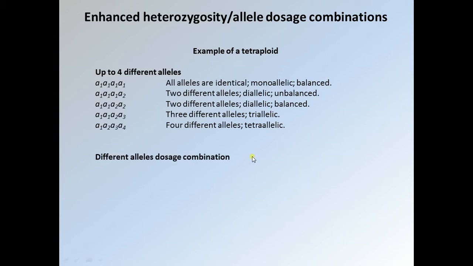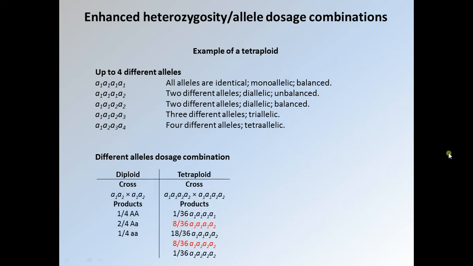And another point is, instead of having different alleles, you can consider that alleles have a certain dosage, and then you can have a different combination of those dosages. Let's consider here, for example, a diploid with heterozygous parents, which leads to the traditional Mendelian segregation.